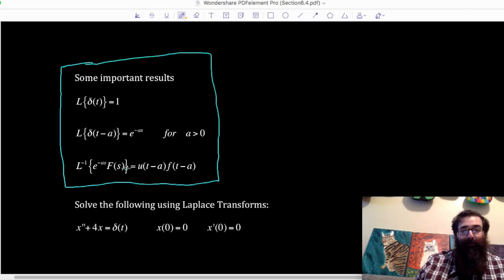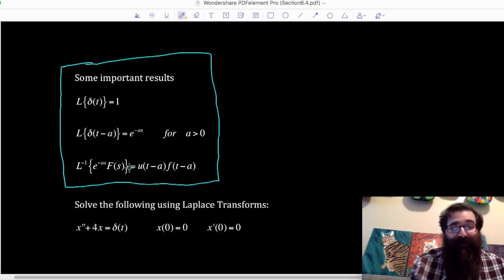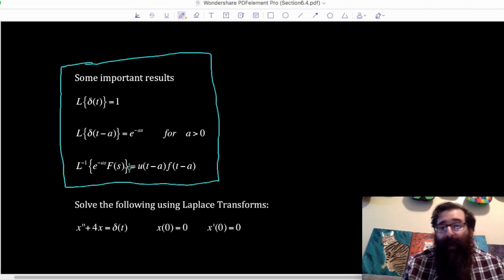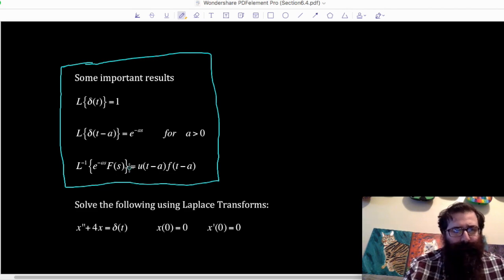And then this is a result that we had previously, but now I have it written in terms of the inverse, which is going to be helpful for what we're doing. We have the Laplace inverse of e to the minus as times F of s is going to map us to the function of t. It's going to be u of t minus a times f of t minus a. So that would be the unit step function with a shift by a, and then a function of t with a shift by a as well.